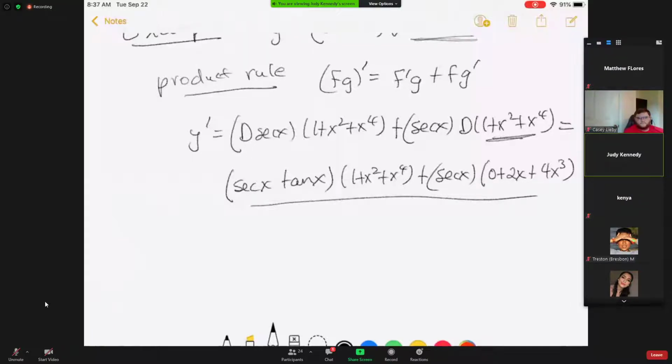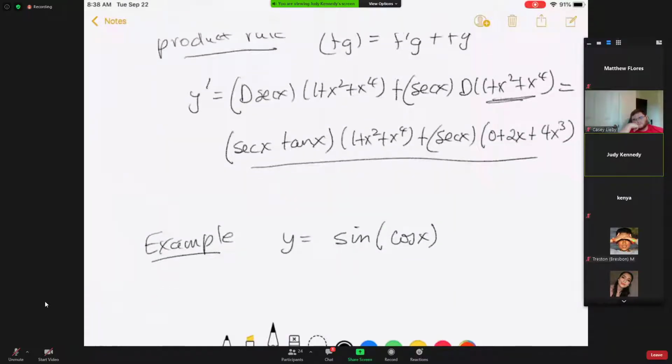Okay, well, let's do maybe another pair. How about this? y is equal to the sine of the cosine of x.